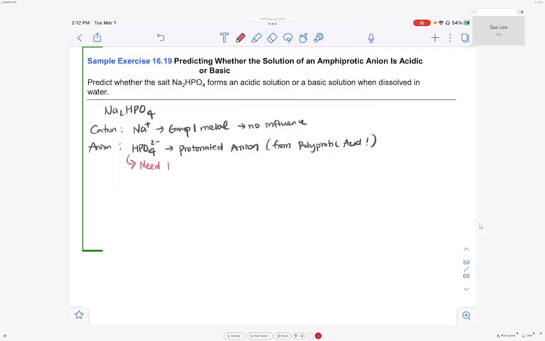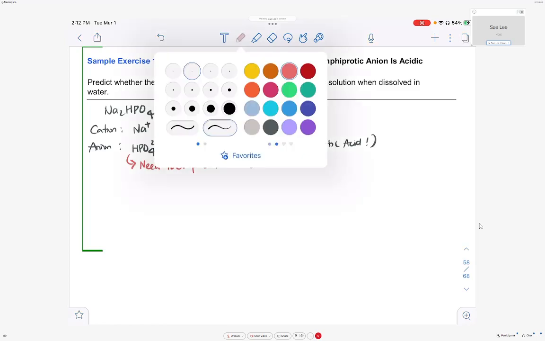We need to compare Ka and Kb. We don't know whether this anion is going to have acidic influence or basic influence to the aqueous solution yet.